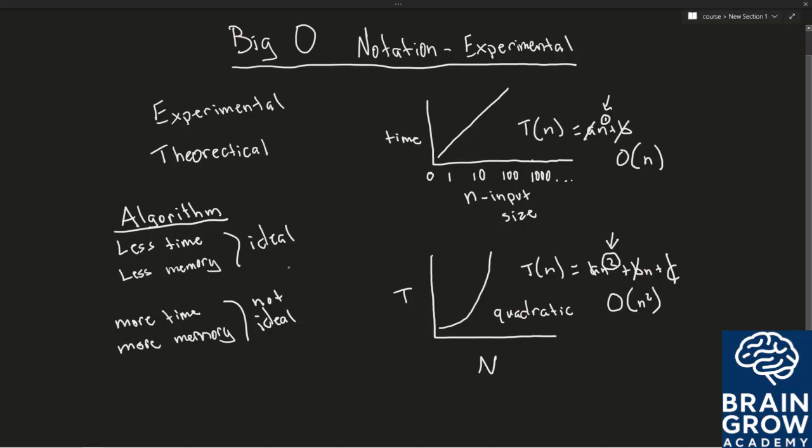And so if you wanted to do experimental evaluation, then you would create a benchmark for your program, and you would run it, and you would have input sizes of 1, 10, 100, 1,000, 10,000, and maybe even 100,000.